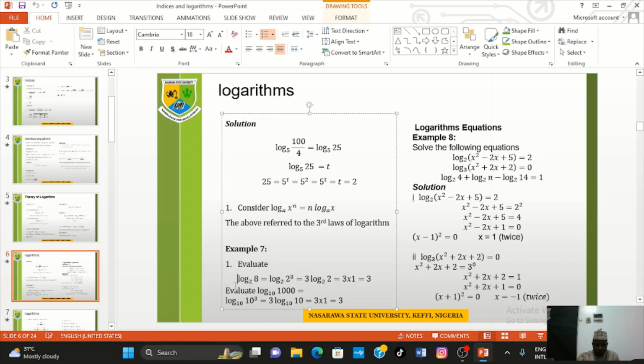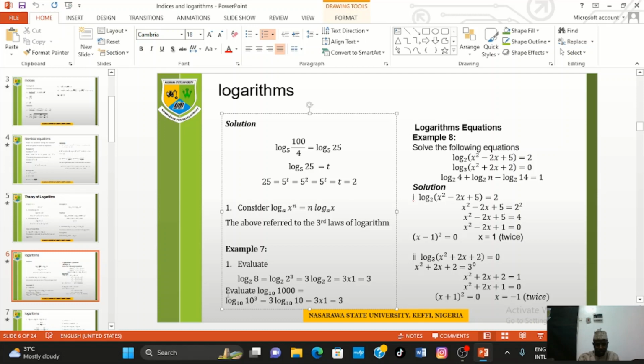Also, to these very ones, if we are to evaluate log 1000 to base 10, we can also make this 1000 to be of the same base, meaning we say 10 to what power will give us 1000, in base 10. So we can transform it to be log 10 to the power of 3 to base 10.